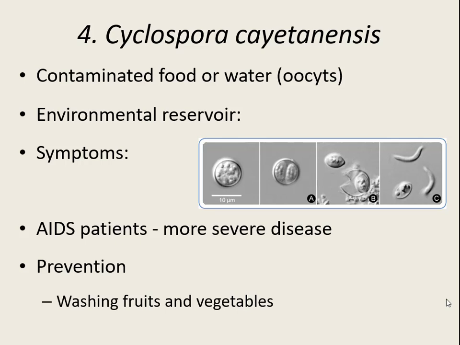I haven't heard of a lot of cases of this. I think it was a few years ago there was a recall on some vegetable trays for a Cyclospora species. Again, causes severe diarrhea in immunocompromised individuals. We do have to be concerned on how severe that could be.